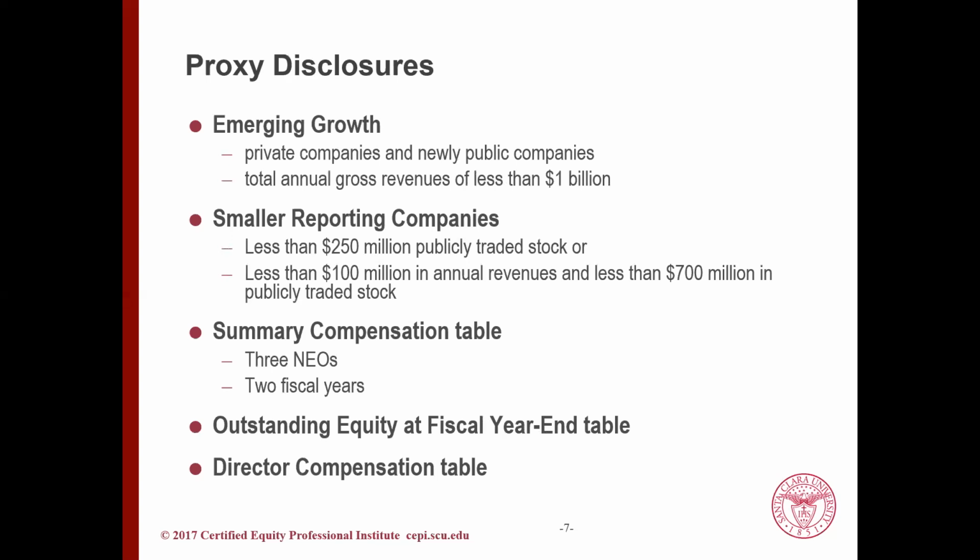Emerging growth companies are exempt from some of these disclosure requirements, but they are required to file outstanding equity at fiscal year-end tables and a director compensation table. They need not file other disclosures. Instead of filing a CD&A, they can provide a narrative description of information necessary to understand the summary compensation table.